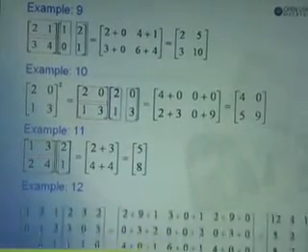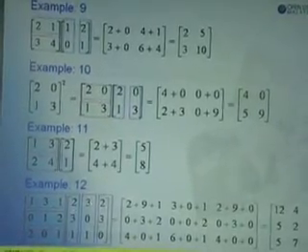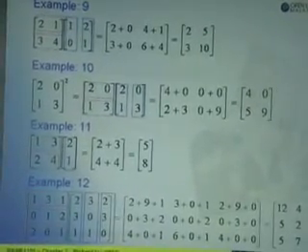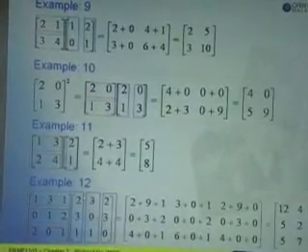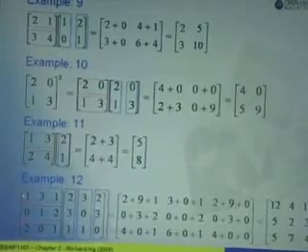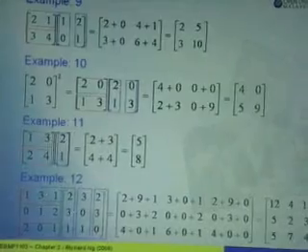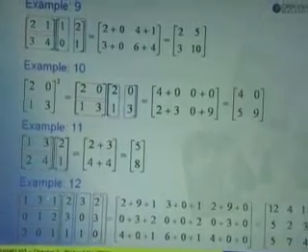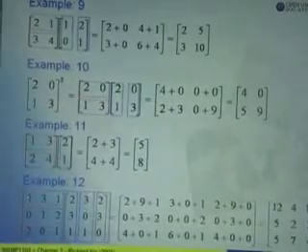In example 12, we have a matrix 3 by 3, multiplied by 3 by 3. We apply the same rules where elements in a row are multiplied by elements in a column. Let's start with row 1 multiplied by column 1. So 1 times 2 equals 2, 3 times 3 equals 9, and finally 1 times 1 equals 1. Then we repeat the same process.